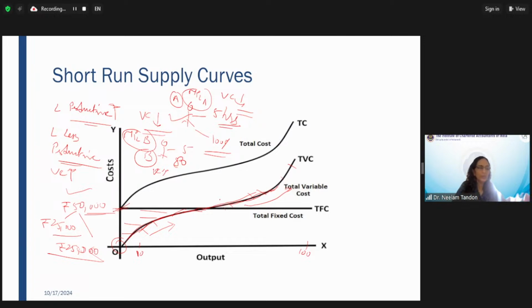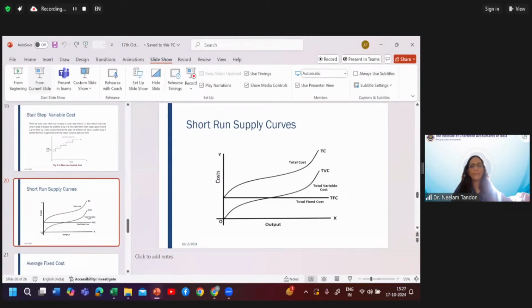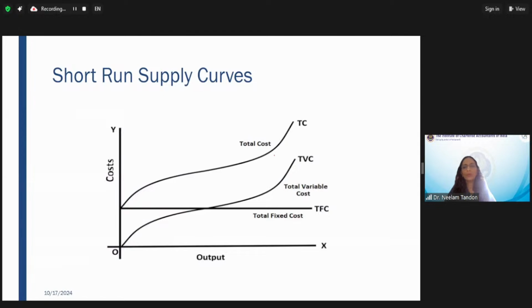So this is how the total variable cost will respond with respect to the change in output. What about this total cost and total variable cost? So we have also shared the shape. Why is total variable cost an S shape? Yes, somewhat like this S shape, inverse S shape.